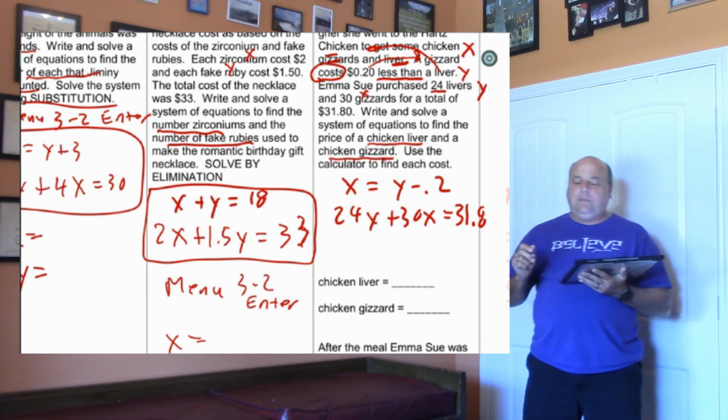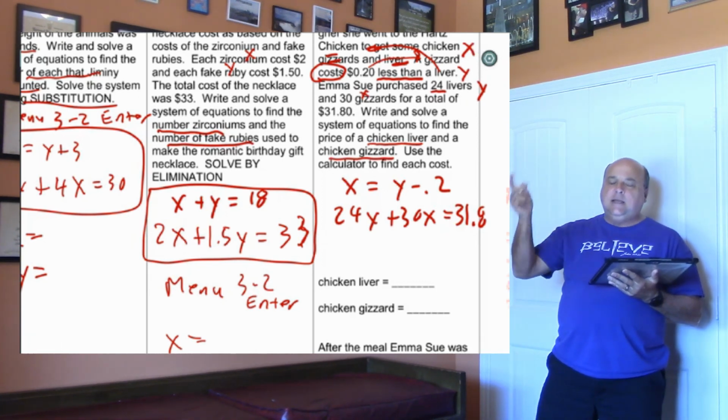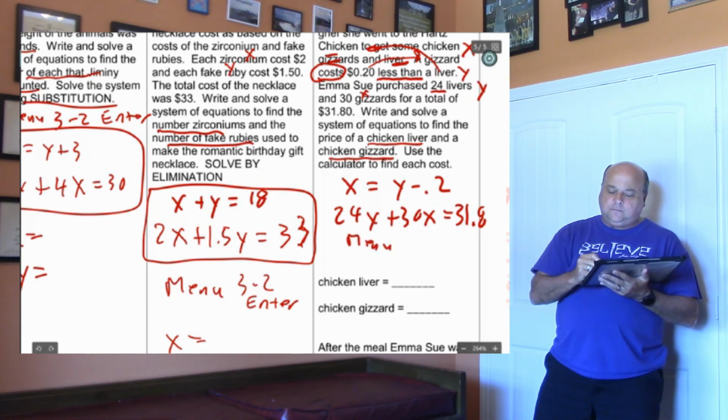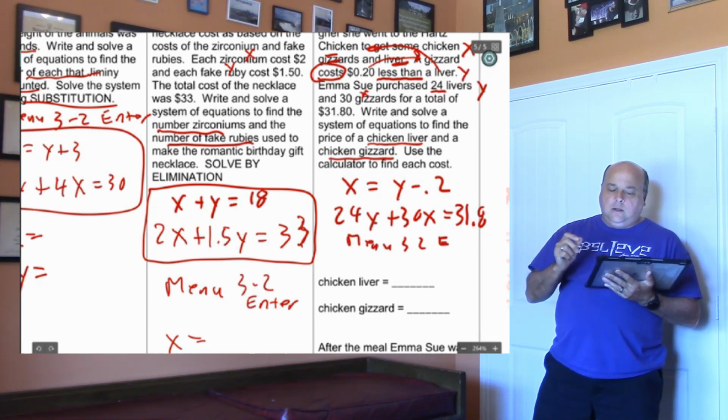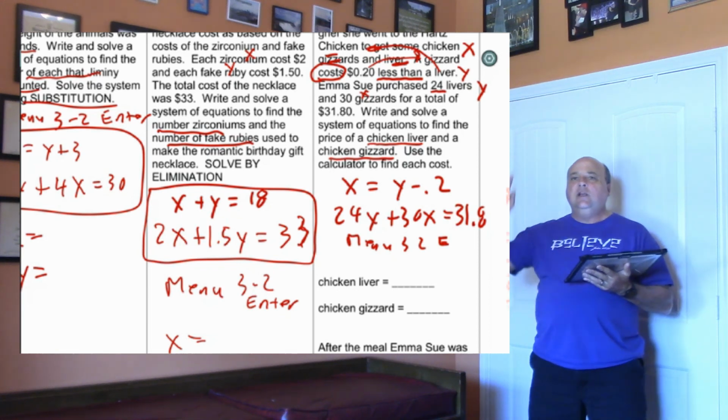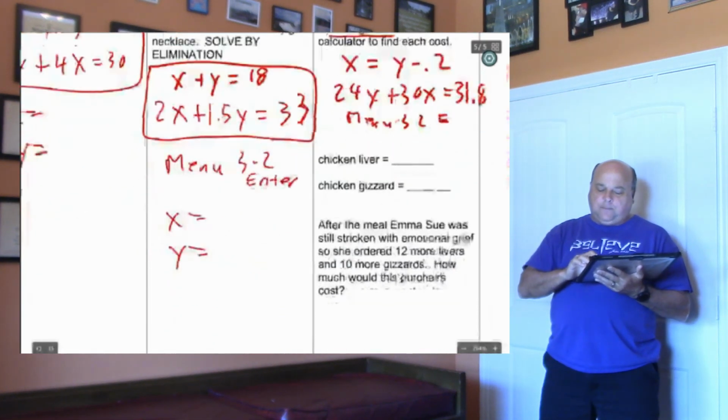So x and y would be the price of both of them, okay? Type that into the calculator, menu 32 enter. Okay, a gizzard is x and a liver is y, so 24 livers is y plus 30 gizzards, that's it. You would type that in and get your x and y, put it here.